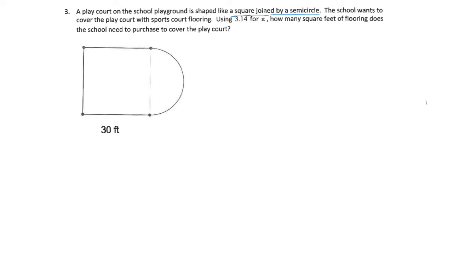So to find the area of both of those, we are going to add them together. So we have the area of our square plus the area of our semicircle. Now, in order to get this area, we need to know the formulas for that. Again, this is something that you are going to need to memorize.